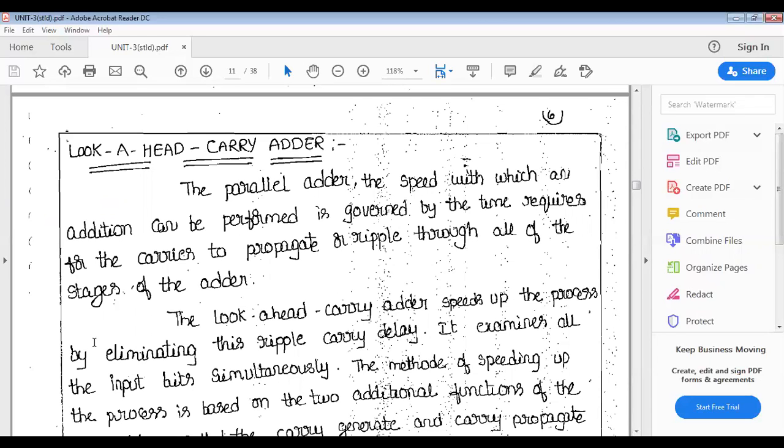The third full adder is waiting for the second full adder carry, and the fourth full adder is waiting for the third full adder carry.